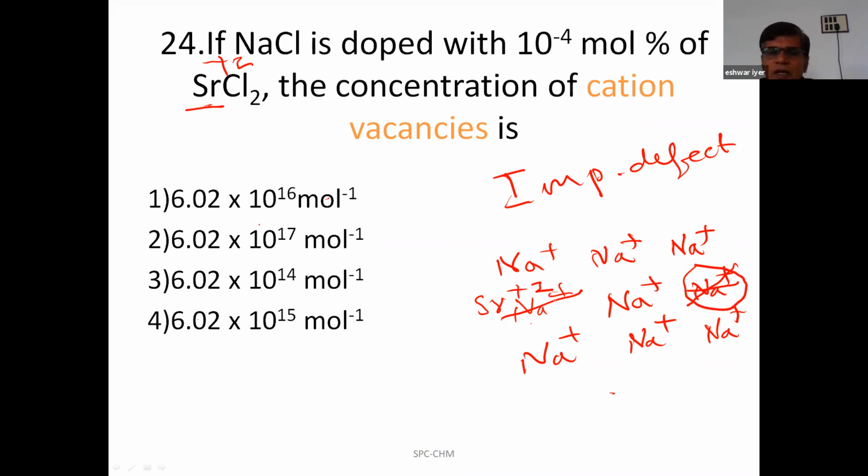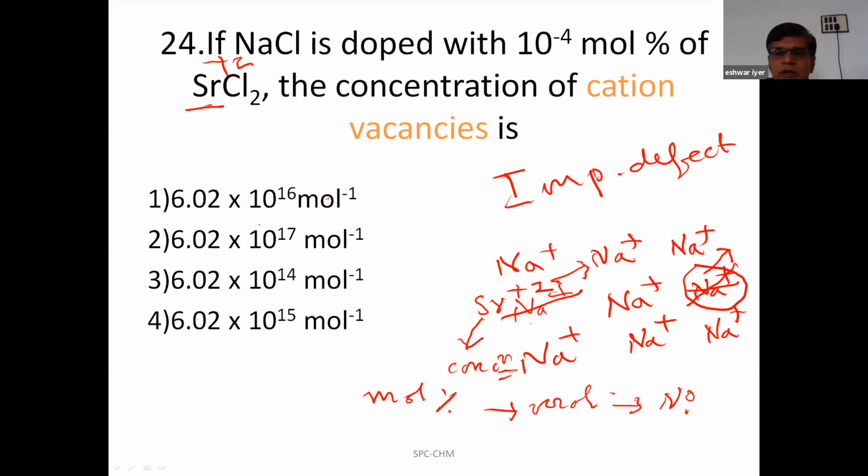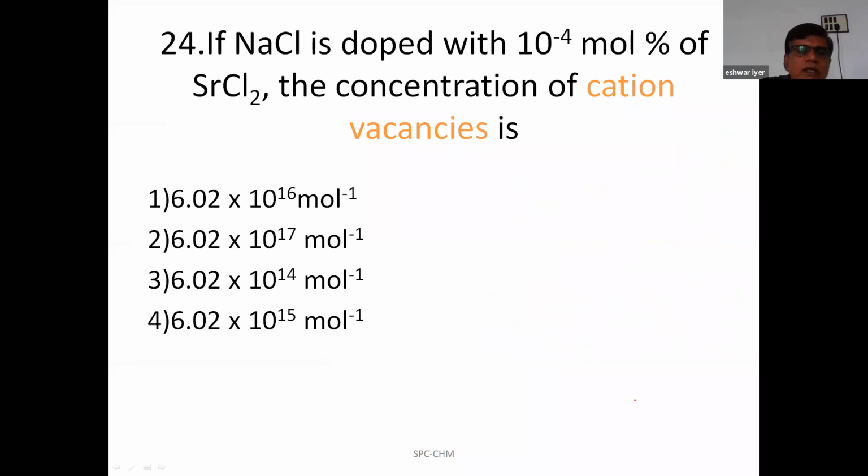Now you know the number of cation vacancies is equal to the number of strontium ions added. The number of strontium ions added depends on its concentration, which is given in mole percent, mole per 100. We have to convert that to moles, then to number of particles, and then to number of vacancies. So got the clue? Now you see the answer.